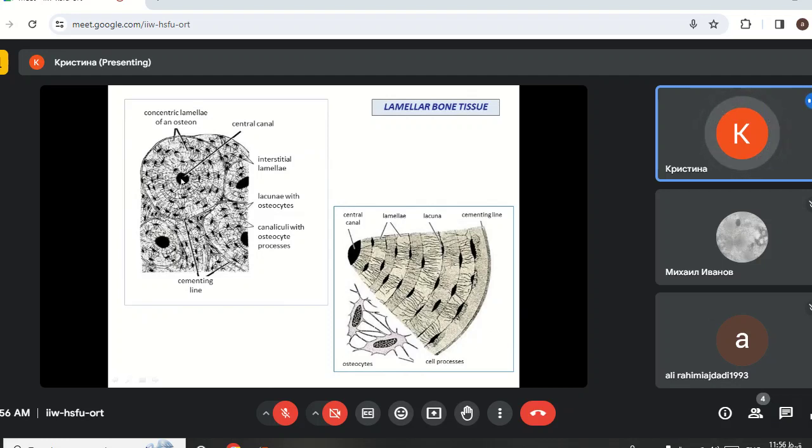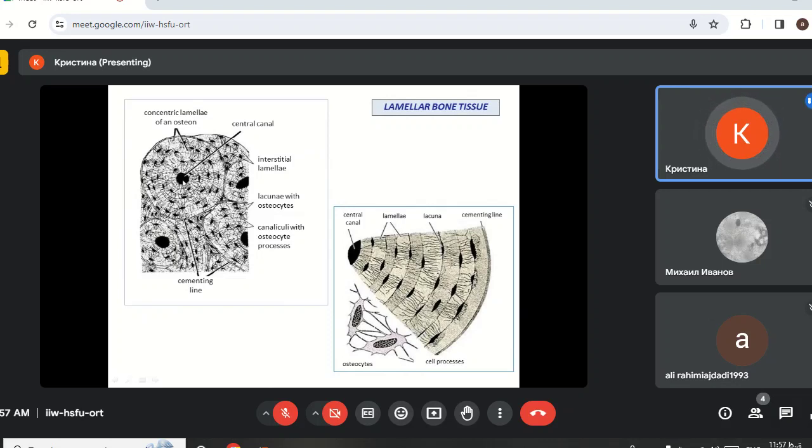If it is needed, from the blood vessel of the central canal, the monocytes can go out. They will make macrophages, then they will fuse and make osteoclasts, which can break down the bone tissue of the osteon from inside, like this, break down the bone.